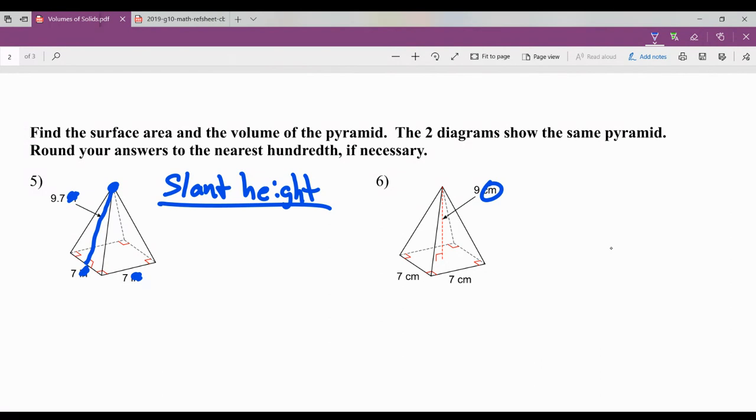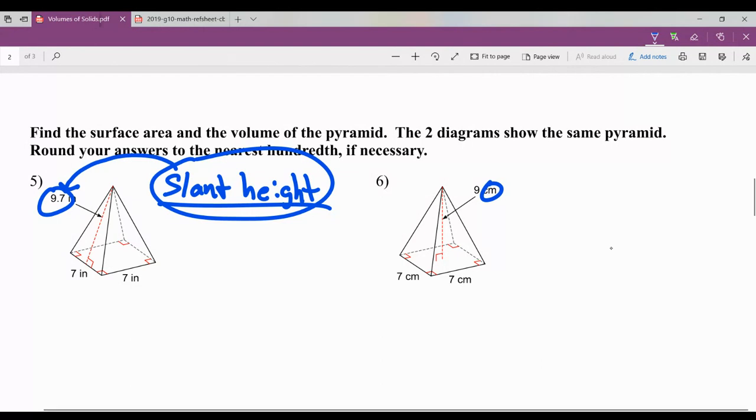The height of that triangle would be go from the base up to the top here, and that's the height of the triangle. That's the 9.7. Now the height of the pyramid is different. When you're talking about pyramids, there's a slant height, which in this case is approximately 9.7.